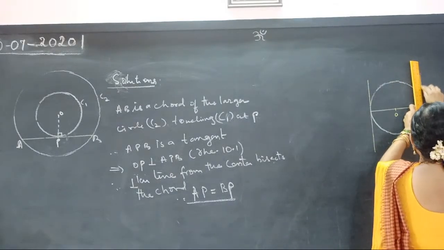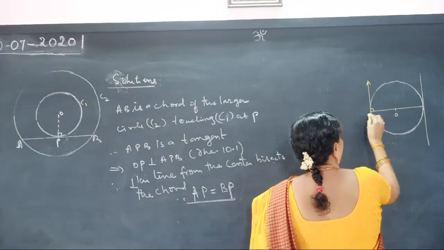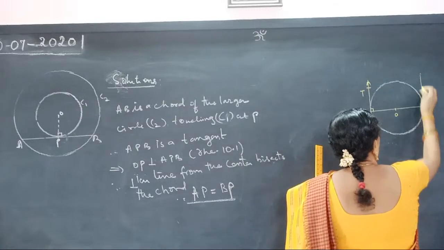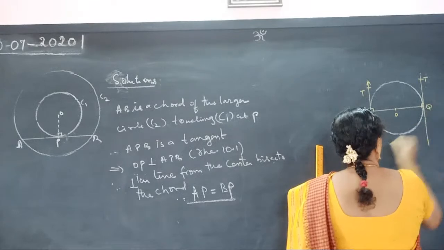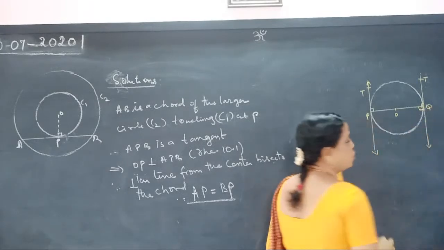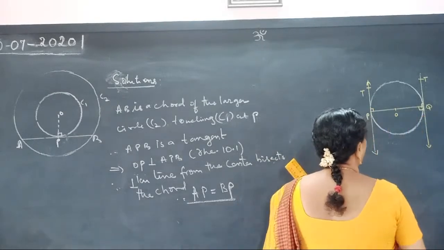When a tangent is drawn at the point of contact, we know that it is perpendicular to the radius drawn from the center. Then I will show that this is 90 degree, and this is 90 degree.